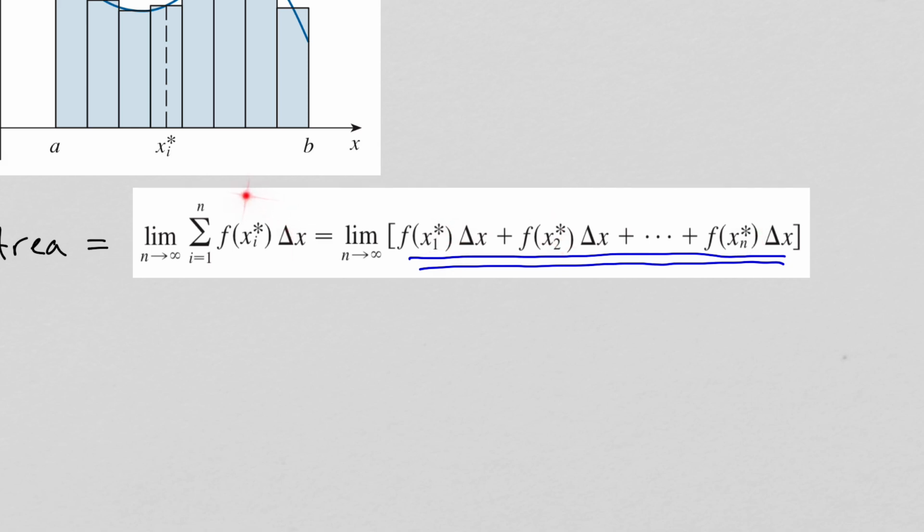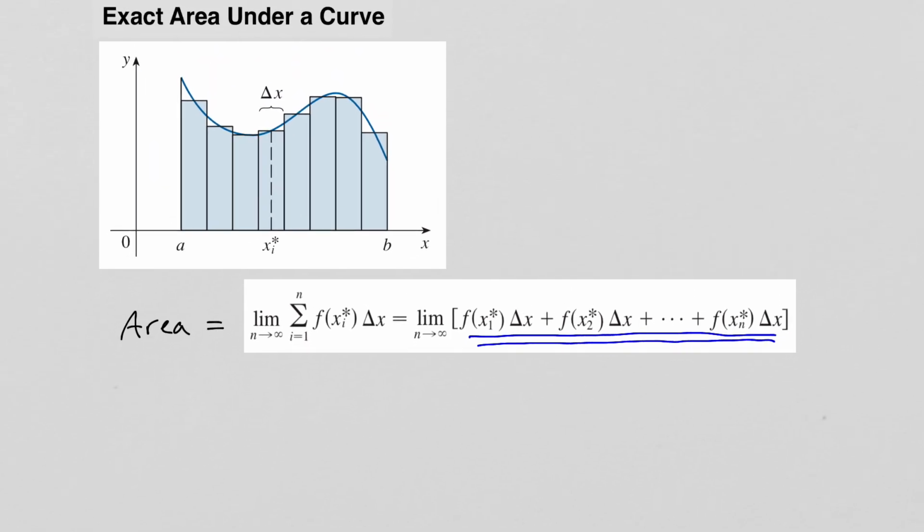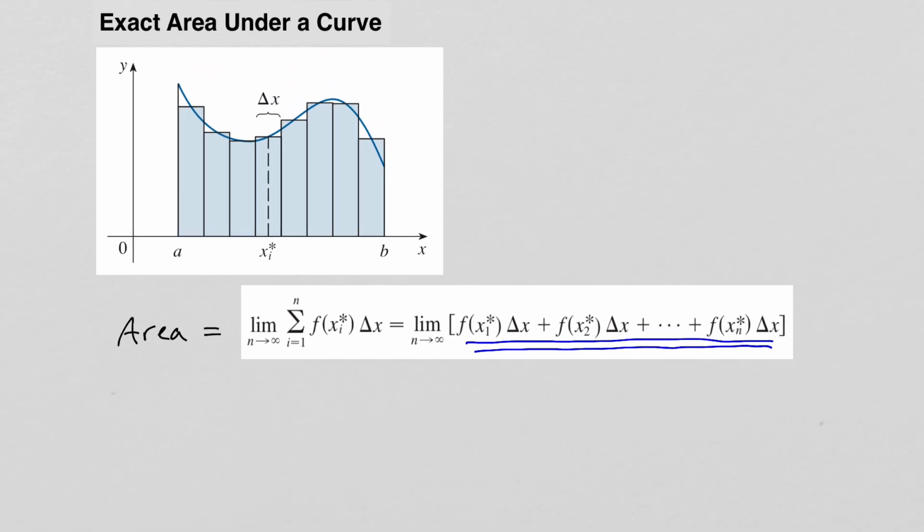Or, using the Riemann sum notation, we are simply going to take the limit as n goes to infinity of the Riemann sum. And when you do that, you will get the exact area under the curve. Now, actually doing this and taking that limit is a pretty arduous process, and it can be really tedious. But conceptually, this is the theory.